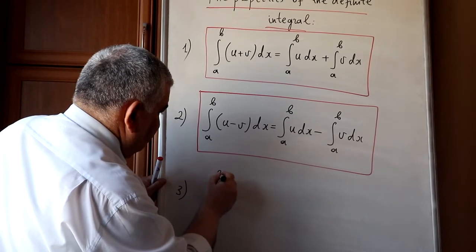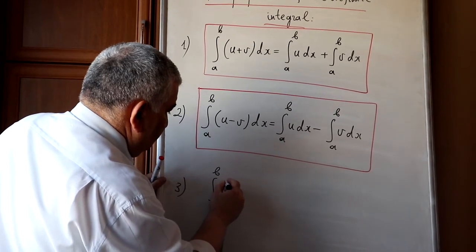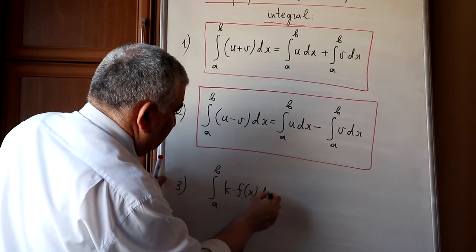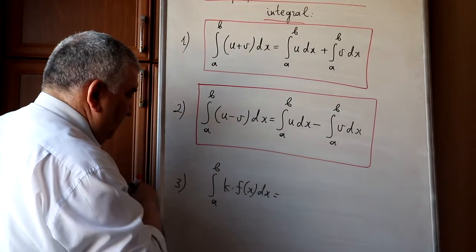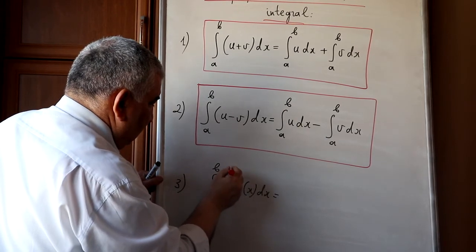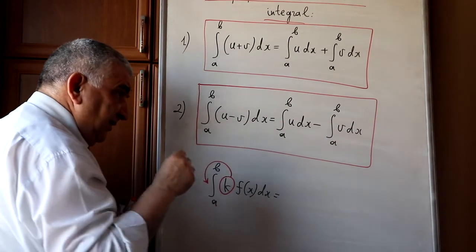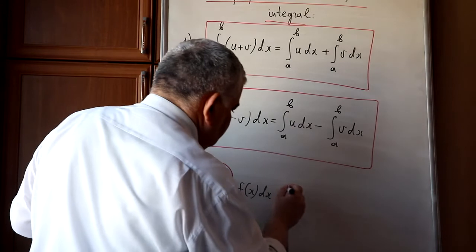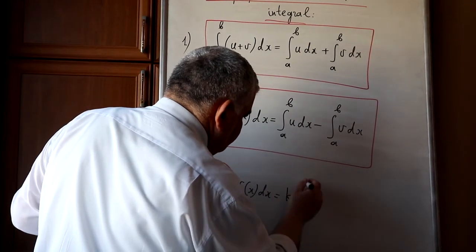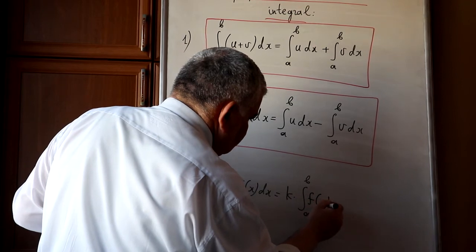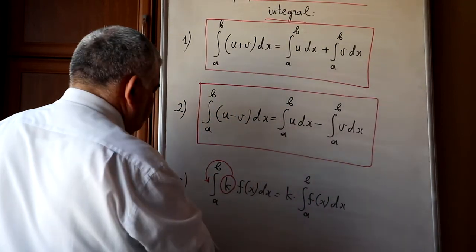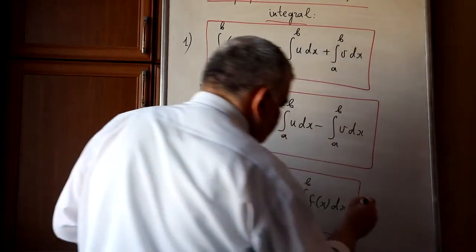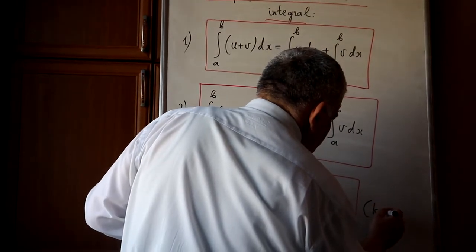Integral from a to b k f of x dx. Here we can take k out of the definite integral symbol. Here k is constant. Then we will have k multiplied by integral from a to b f of x dx.